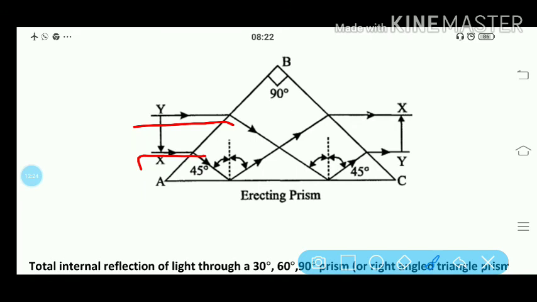Here we have air and this is our glass. Here the critical angle of the glass is 42 degrees, and the angle of incidence here is 45 degrees, which is more than the critical angle of the glass. Therefore, it suffers total internal reflection.